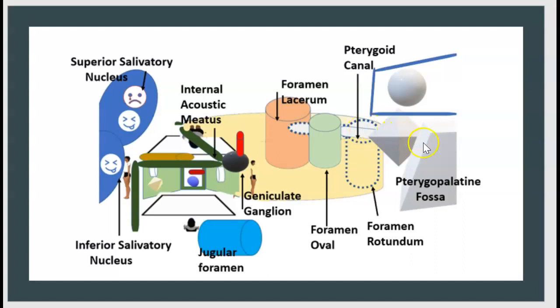I repeat these landmarks: superior salivatory nucleus, internal acoustic meatus to geniculate ganglion, foramen lacerum, pterygopalatine fossa. Between foramen lacerum and pterygopalatine fossa, there is the pterygoid canal.